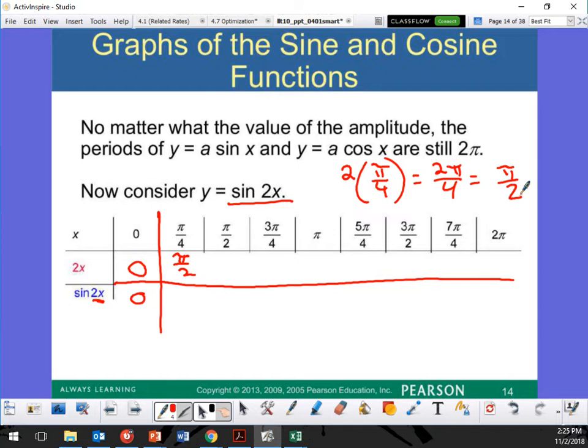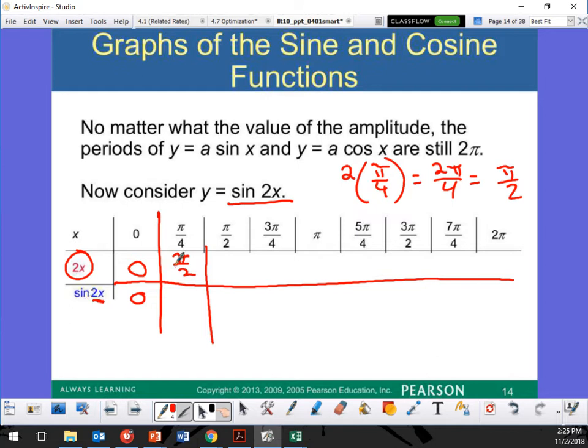Now, magic finger. Put the magic finger at pi over 2. What is the sine of 2x then? Remember, this is the 2x, right? This value right here, that's where I get the pi over 2. So if I say sine of 2x, it'll be 1, won't it?